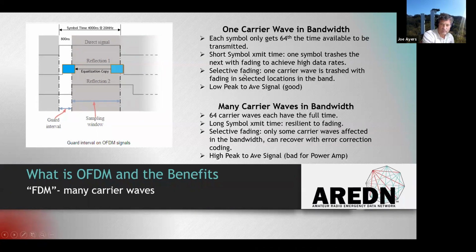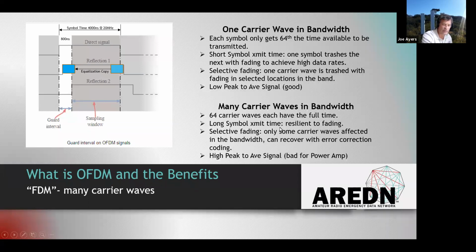There's also a concept of selective fading, where in that 20 megahertz bandwidth, the environment might have reflections only in a particular 3 megahertz section of that 20 megahertz. So with one carrier wave, that selective fading in one area has trashed that symbol, and I'm not going to be able to detect that symbol and the data coming across.